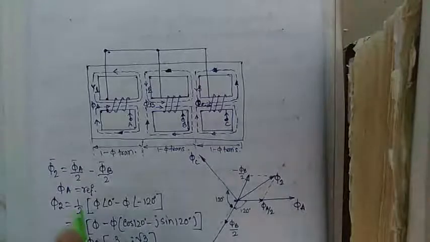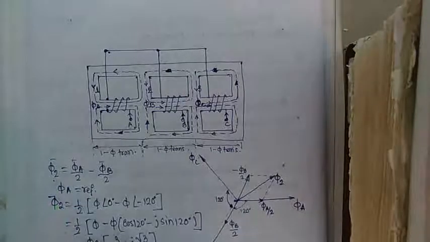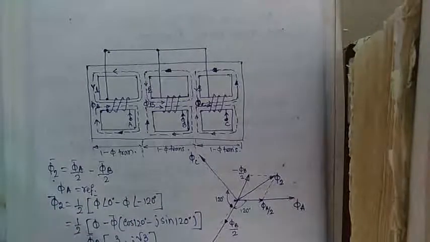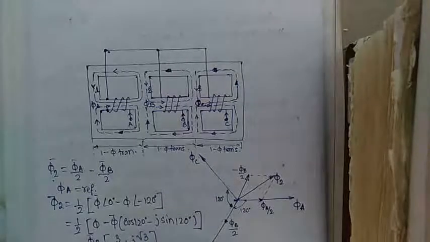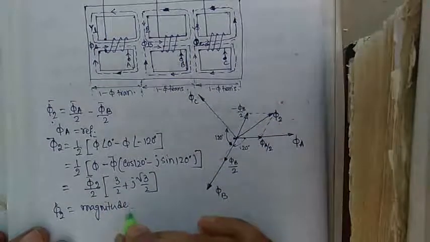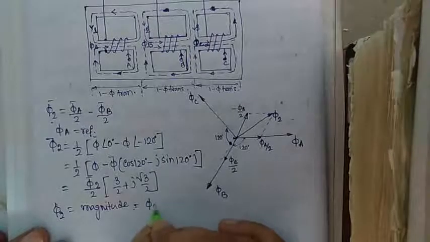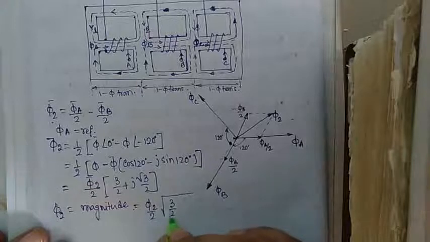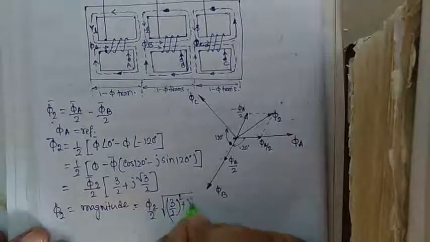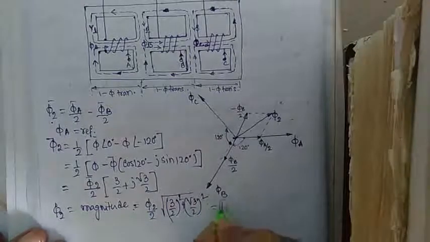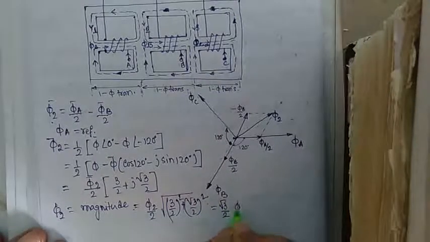Now the magnitude of phi 2 is phi by 2 root over (3 by 2 whole square plus root 3 by 2 whole square). So that should be equal to root 3 by 2 phi.